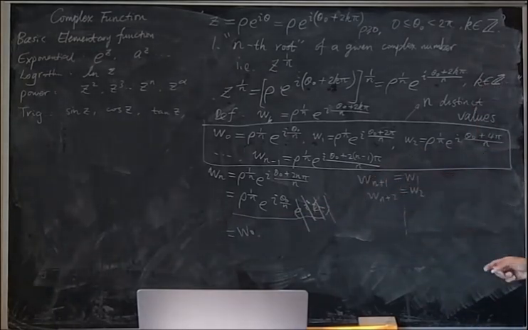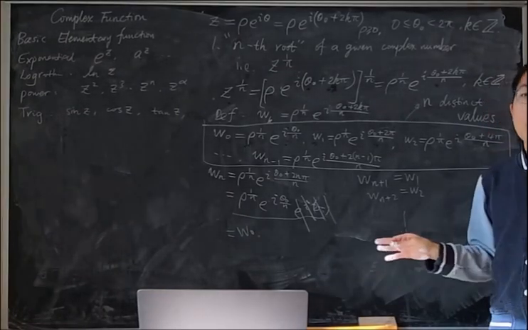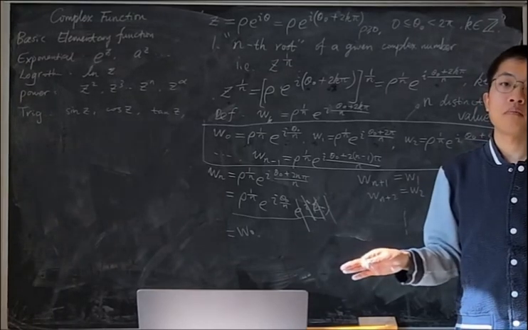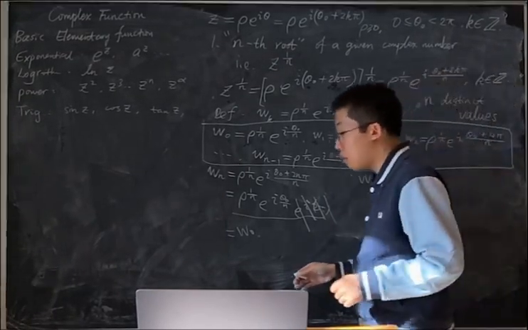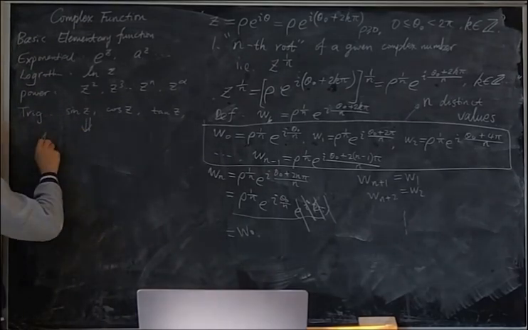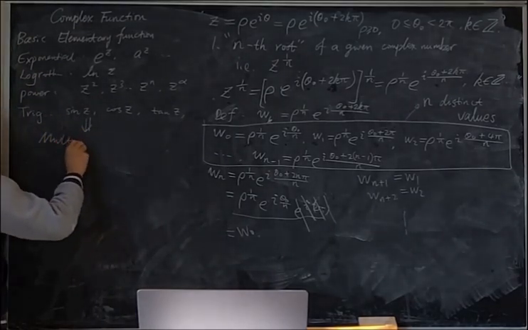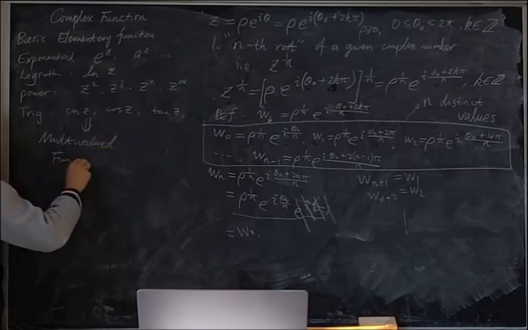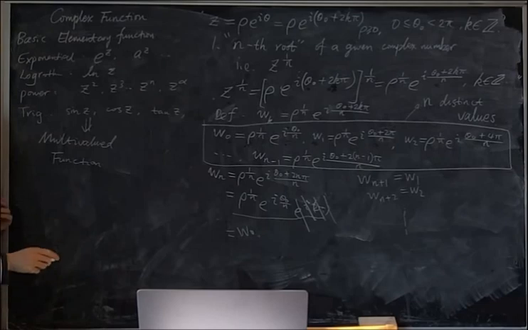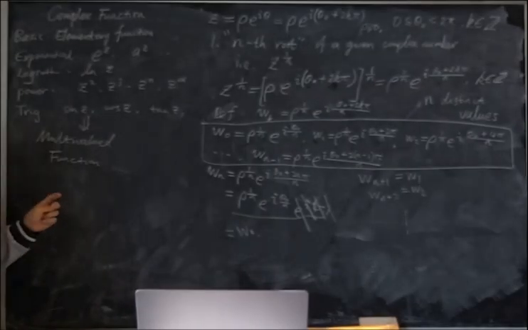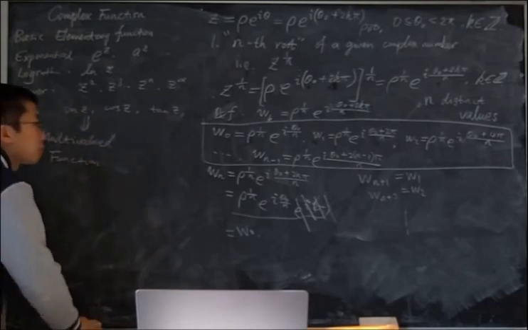So this function, z to the power of 1 over n, can return multiple values at the same time. That is to say, when we talk about complex functions, we need to be aware that there exist multi-valued functions. This doesn't really occur that often in real analysis, but in complex analysis, we could see this all the time.